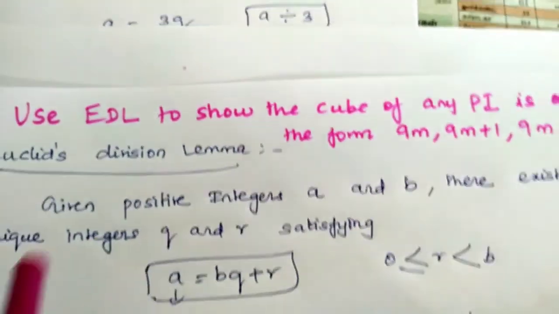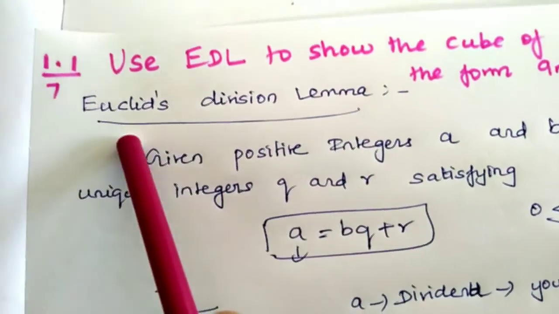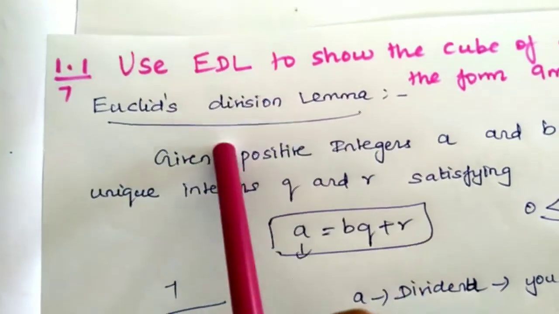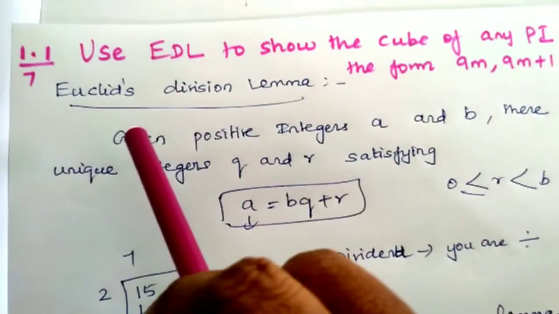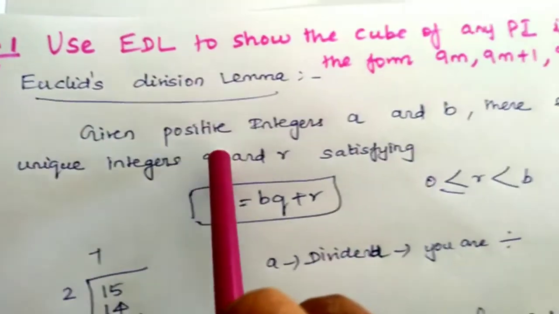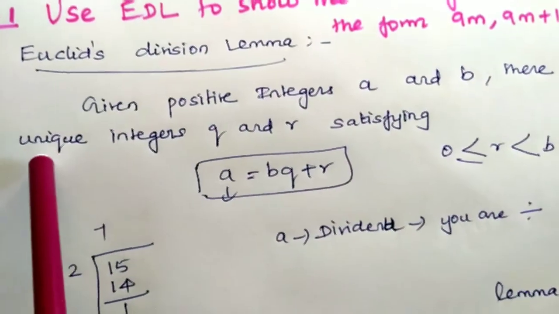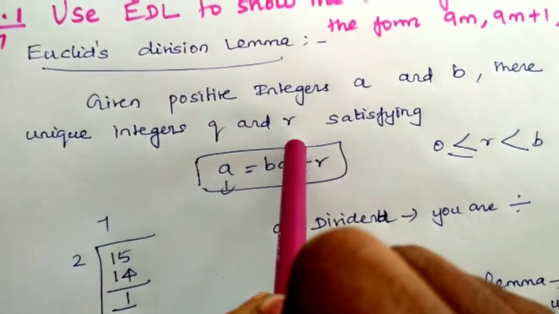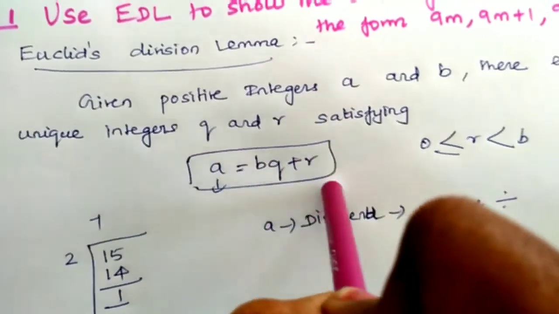Before that, we will go through what we mean by Euclid's division lemma. Euclid is the name of a person and this theorem deals with division. Okay. Let us see the theorem now. Given positive integers a and b, there exist unique integers q and r satisfying a is equal to bq plus r.